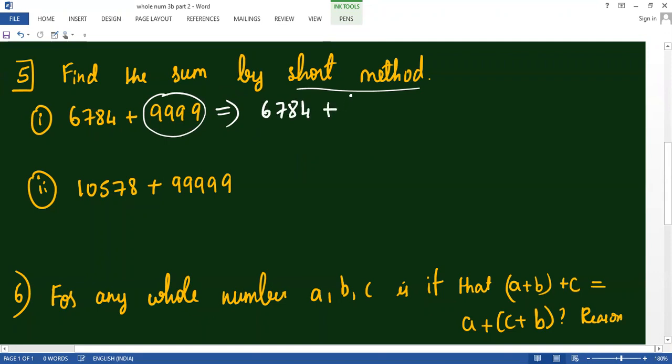6784 plus this one I can make as 10,000 minus 1. The number of zeros should be equal to the number of 9 digits.